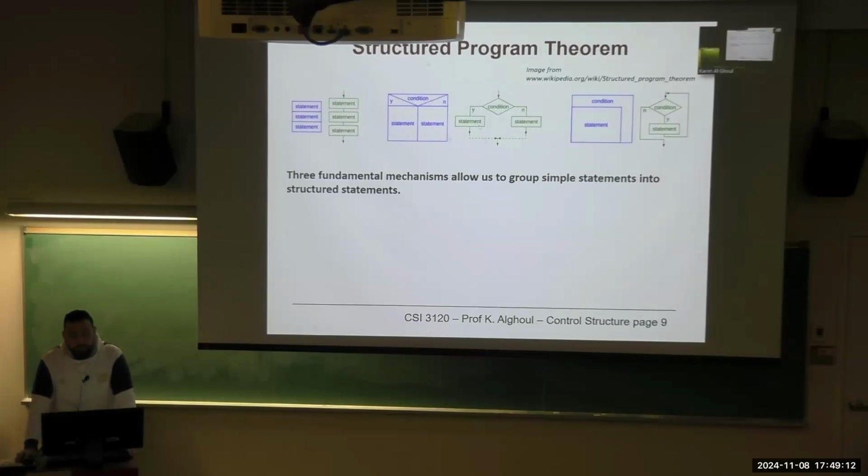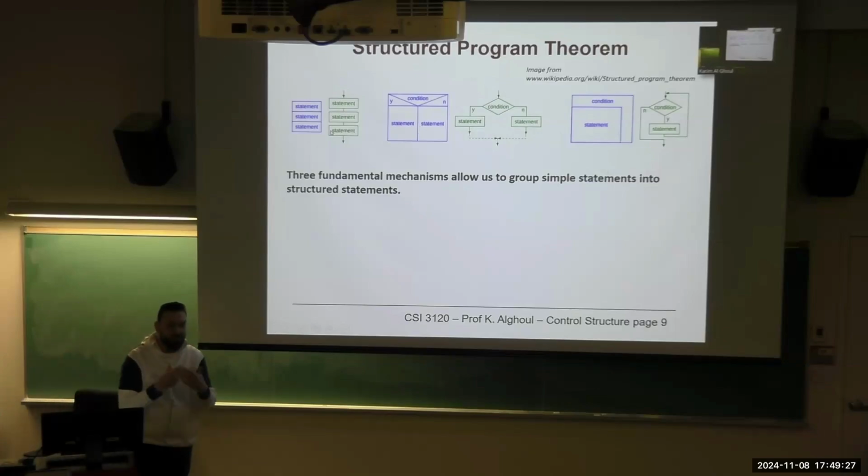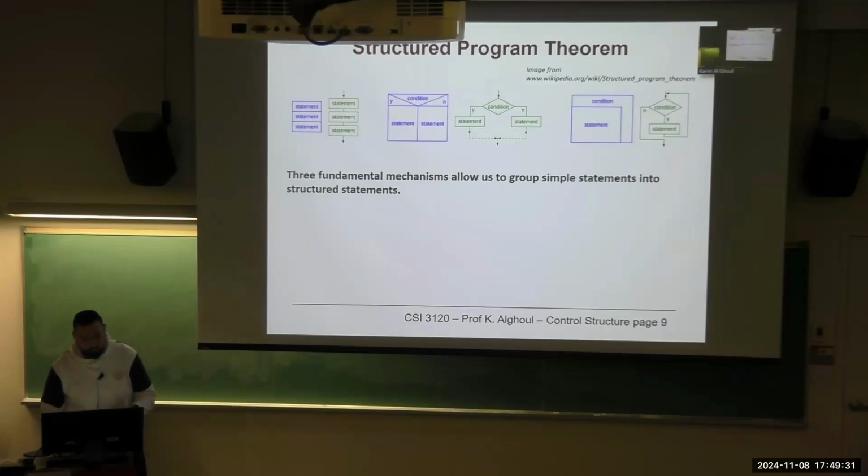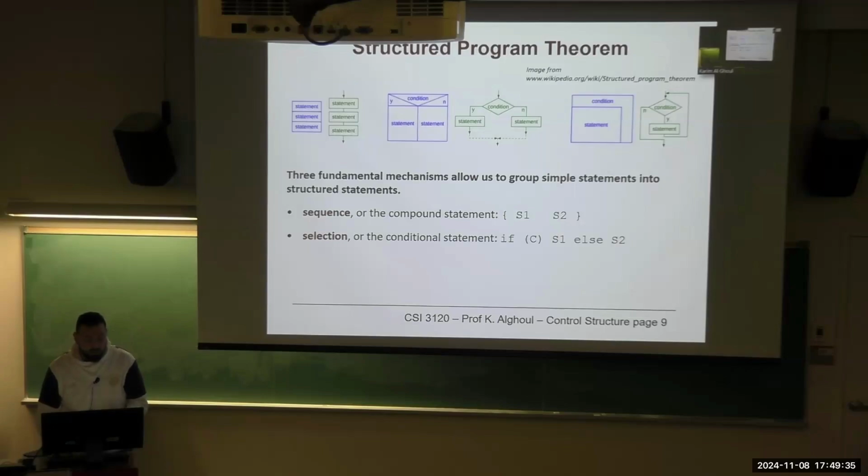Now, this is the structured program theorem, the theorem we talked about that was proved by Bohm and Jacopini. It's divided into three things, not just two. Of course, we have the if condition and the iteration, but then we have something much simpler, which is the sequence. If you just have a sequence of assignments, this is very simple. Three fundamentals: the sequence is just executing things one after another, then the selection, which is for the if condition, and then the iteration for the loop statements.